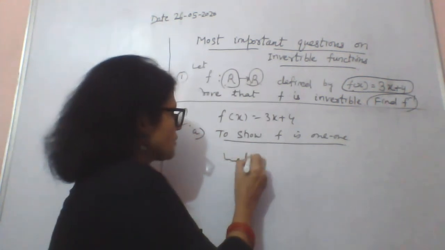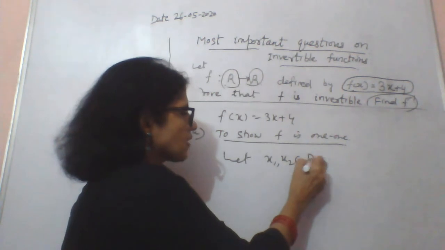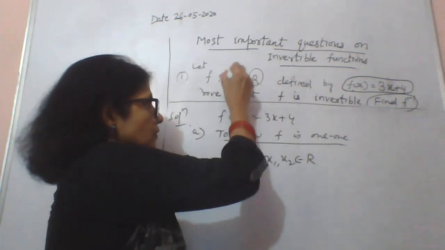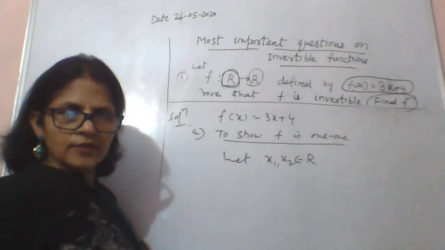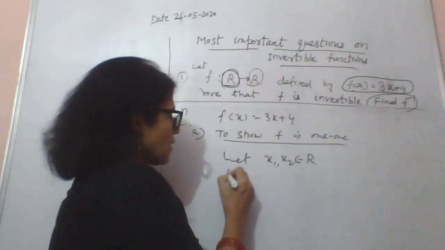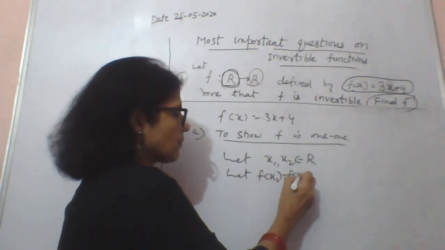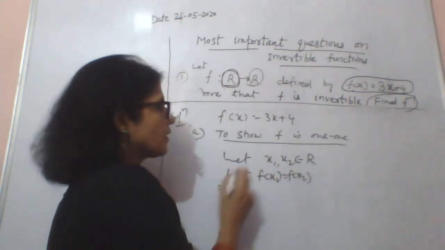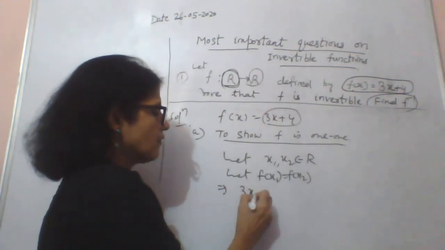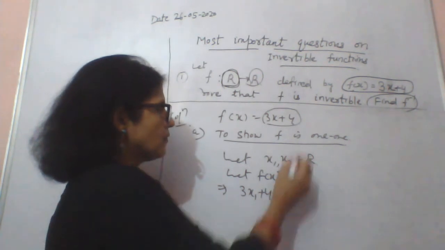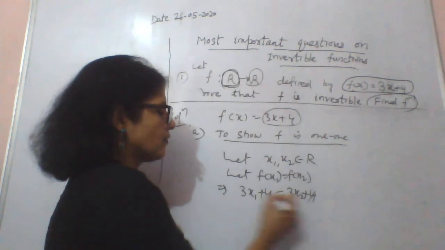So let x1, x2 belong to the set of real numbers, which is the domain of the function given in the question. Let f(x1) = f(x2). What is f(x)? 3x + 4. f(x1) is 3x1 + 4, f(x2) is 3x2 + 4.